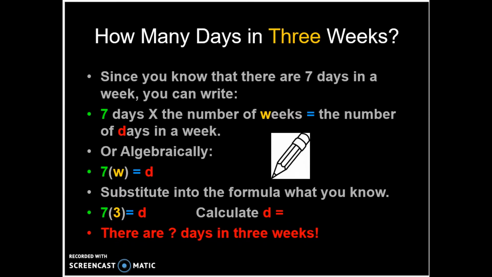Or algebraically, 7W equals D. 7 times the number of weeks equal the number of days in those weeks. Substitute in the formula what you know. 7 times 3 are the number of days. You see your pencil here? Calculate your answer and write that on your scratch paper.